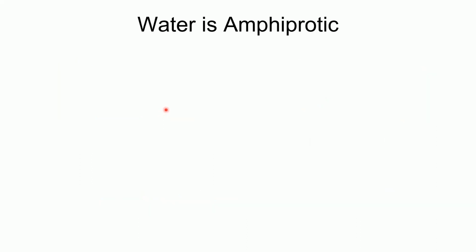We'll find that water is amphiprotic. The prefix amphi, as you're probably familiar with, like an amphibian can live on both land and water. Like an amphitheater is both inside and outside, so part of it's inside, part of it's outside. So amphiprotic means it's both an acid and a base. Water is amphiprotic.